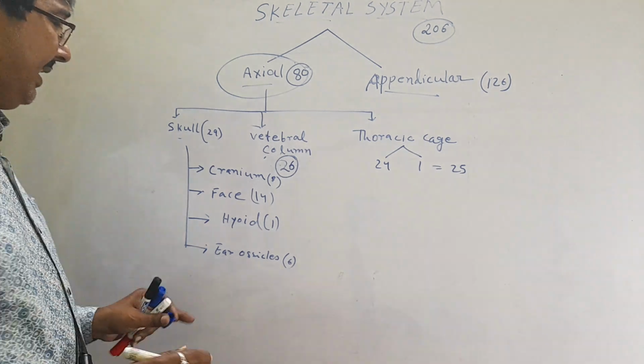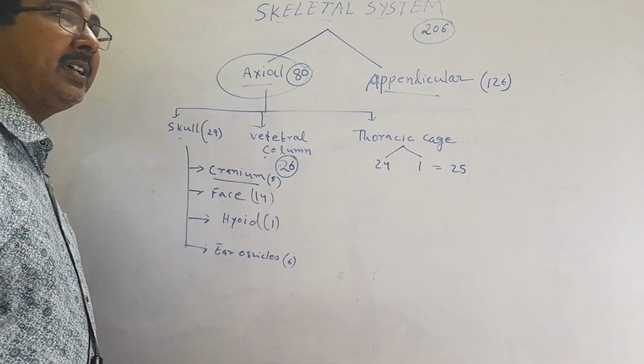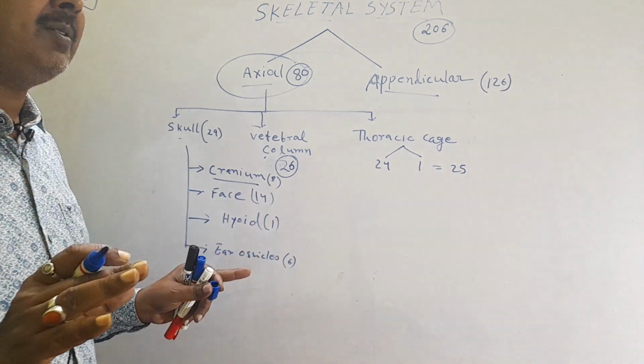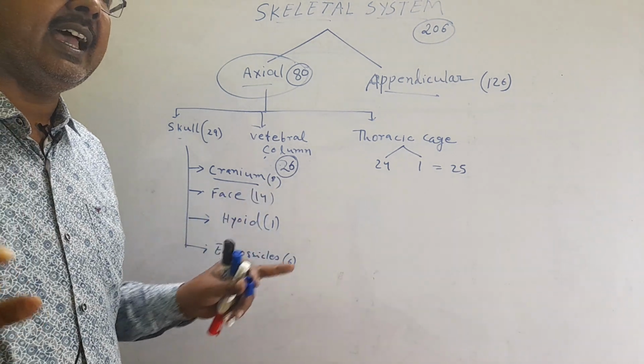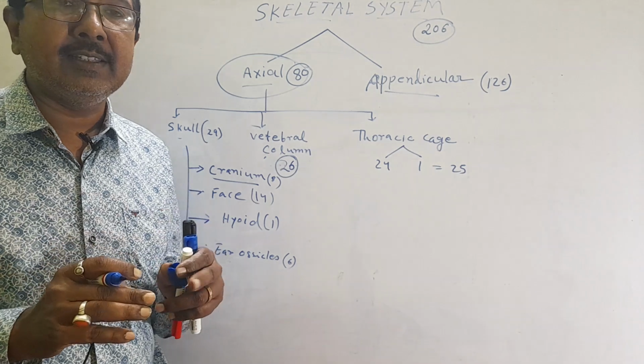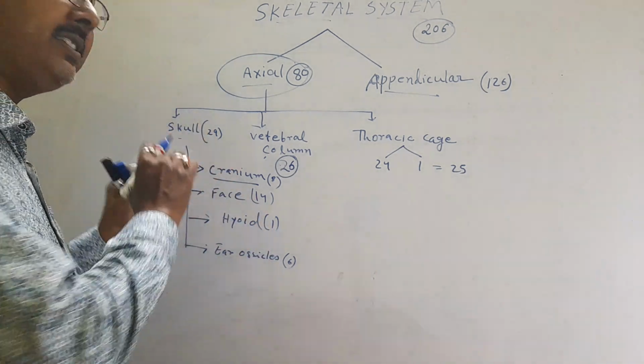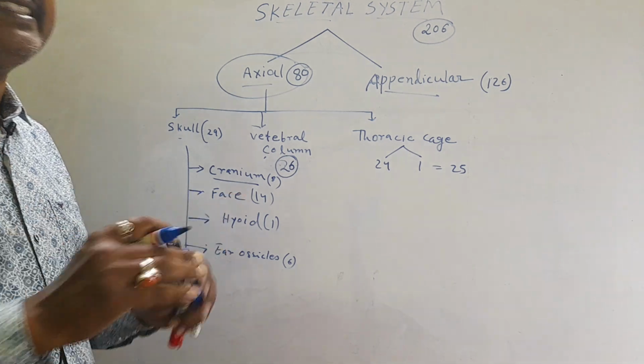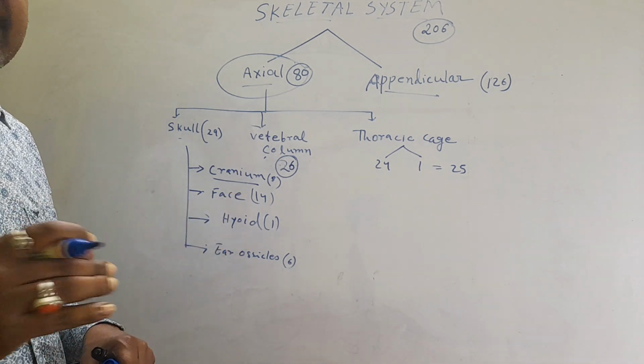Now, the skull is composed of 29 bones and they are fused together, except the mandible.